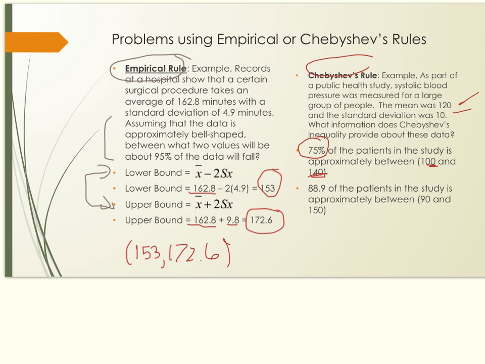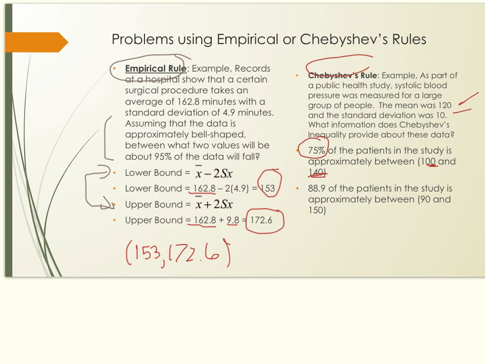And the reason we get that is when k is equal to 2, we multiply it by the standard deviation, which would give us 20, and we would add it to the mean, which would give us 140, and we would subtract it from the mean to give us 100.